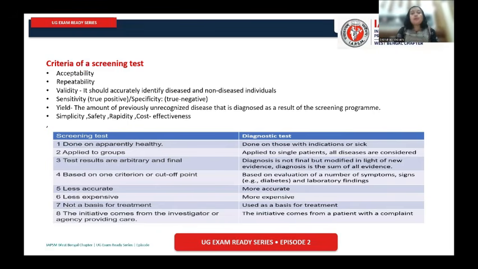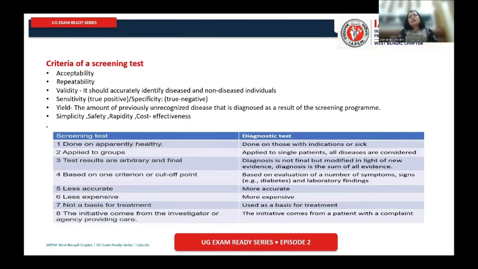The yield is the amount of previously unrecognized disease that we are getting just by the screening program. How early we are diagnosing the disease and the patient is coming to the health facility for treatment, that is our yield. And the simplicity of the test, safety, rapidity, and the cost effectiveness makes the screening test more acceptable.